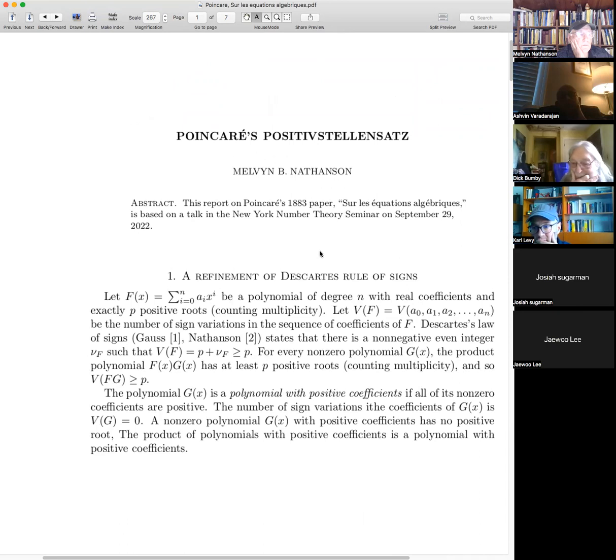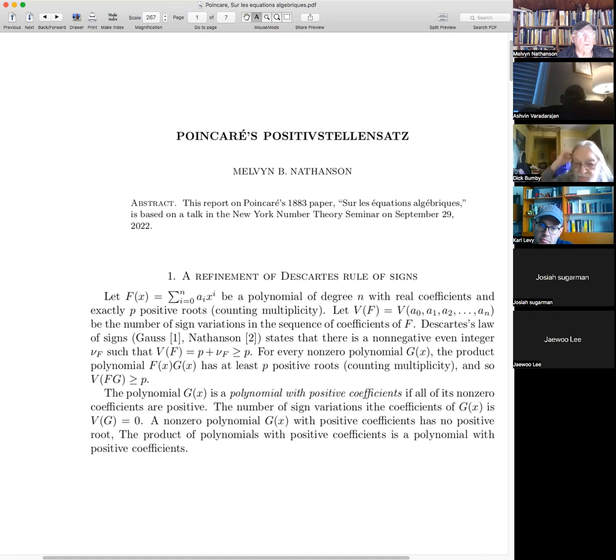So you recall that Descartes' rule of signs says if you have a polynomial in one variable and you look at the sequence of its coefficients and ignore any coefficients that are zero, so just look at the positive and negative coefficients written in order. And every time there's a sign change from plus to minus or minus to plus, you count one.